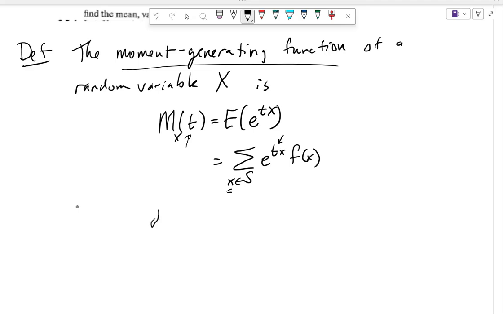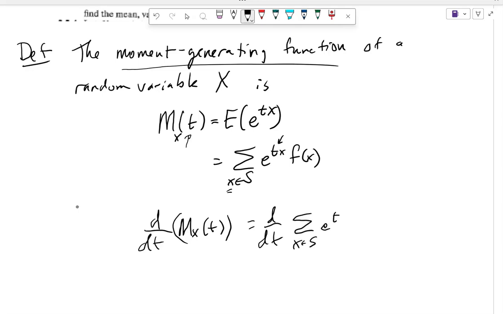So let's do the first derivative of your moment generating function. I'm going to do the derivative with respect to t of that sum, but even if it's an infinite sum, I can still pull the derivative on the inside, provided it converges, right?